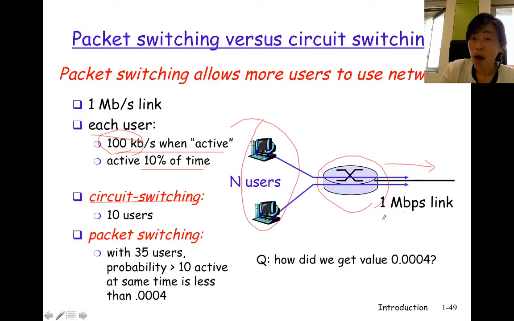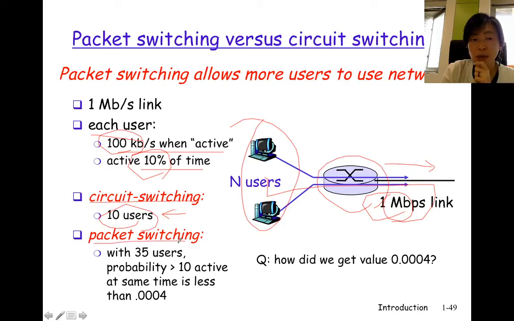So a 1 megabits per second link can only accommodate 10 users really, even though they will only be active 10% of the time. So 90% of the time, the link here will be idle. So 10 users for circuit switching.